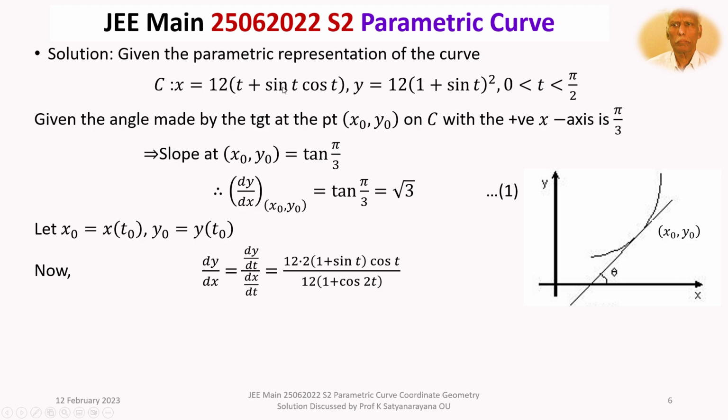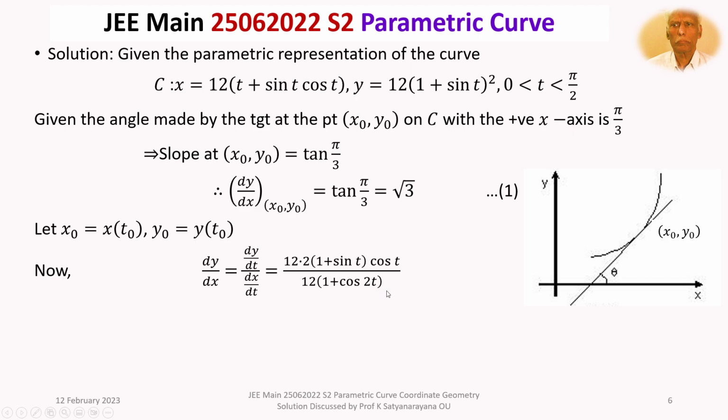For dy/dt, y is 12(1 + sin t)². So dy/dt is 12 into 2 into (1 + sin t), and the derivative of 1 + sin t with respect to t is cos t.